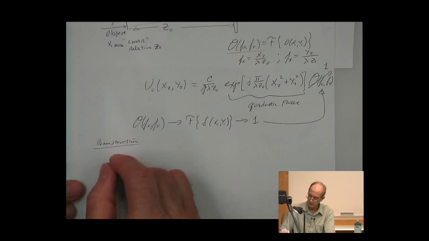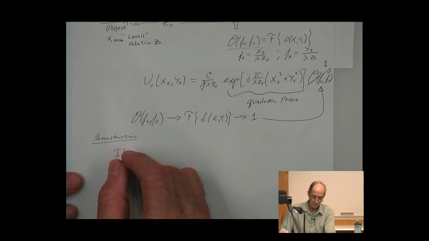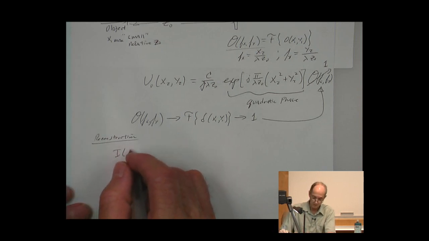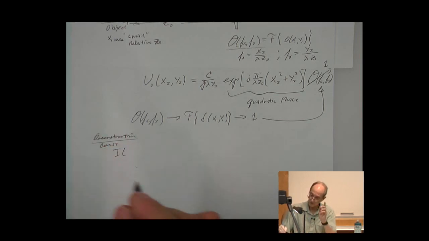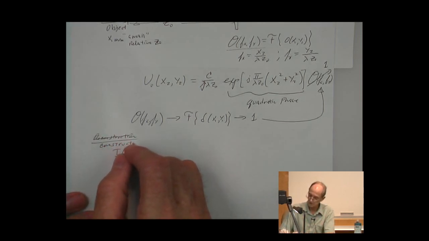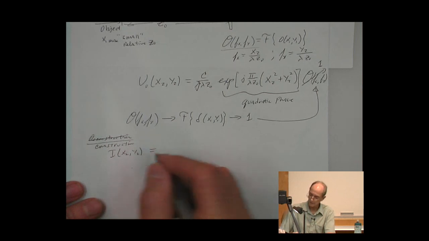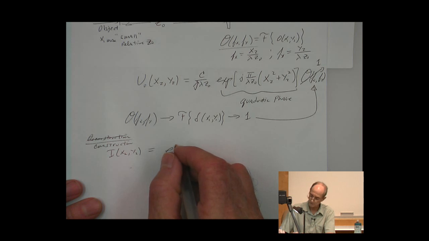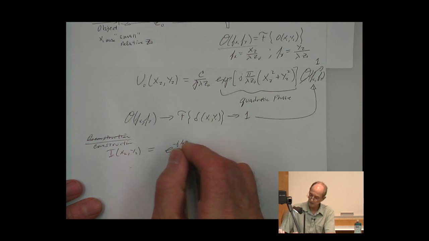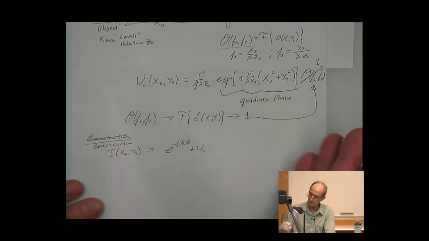what we would do then to get the intensity in your reconstruction, or I'm sorry, first during the construction, we'll get to the reconstruction, but during the construction we have now I of x2, y2. So this is going to look like our plane wave. So if we have a plane wave propagating in the plus z direction, e to the minus j kz, plus this u sub O field that we have here, all right?